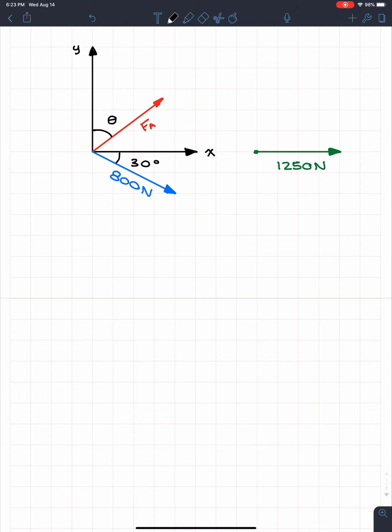All right, so where to begin? Let's start with finding the components of each. So let's start with FA. I'm just going to go to red. Let's go FA. So we know that FAX is going to be FA, and this is our variable because we don't know what FA is. And we also know that the x components are going to be times sine, and we don't know the angle either, so sine theta.